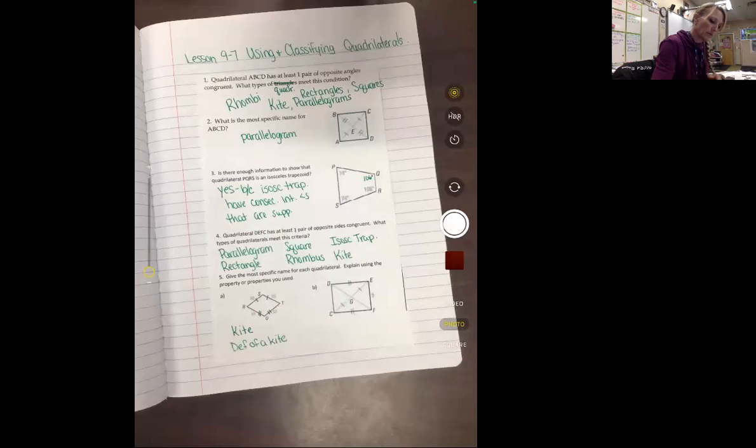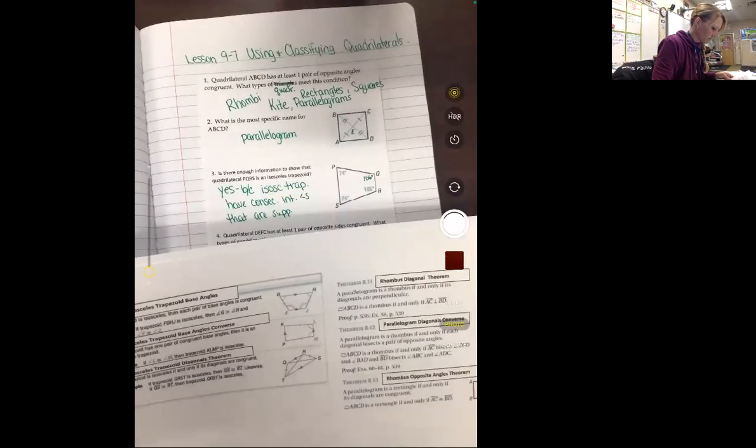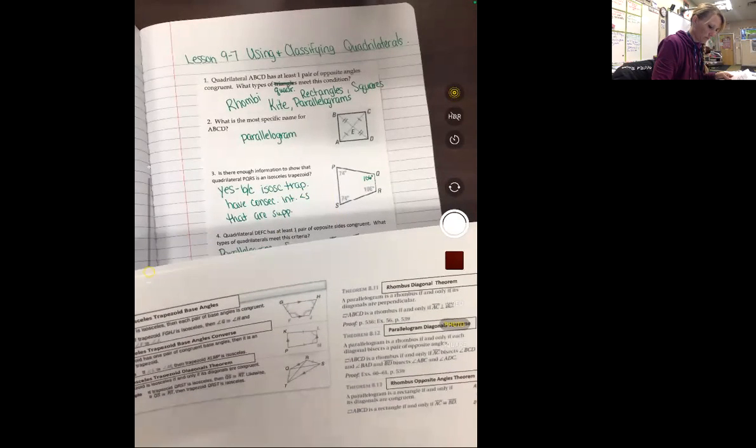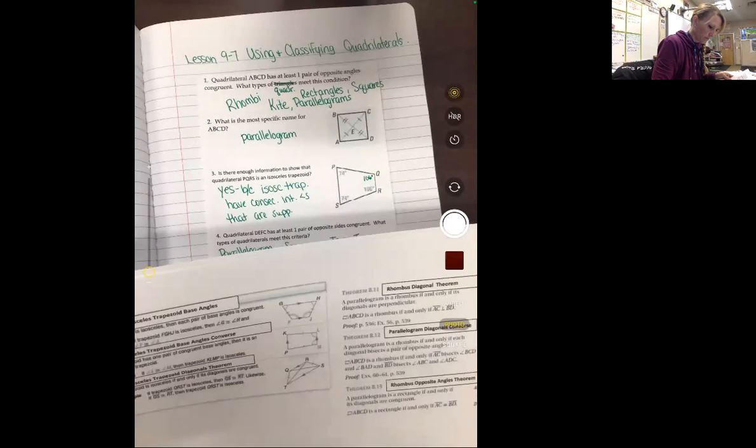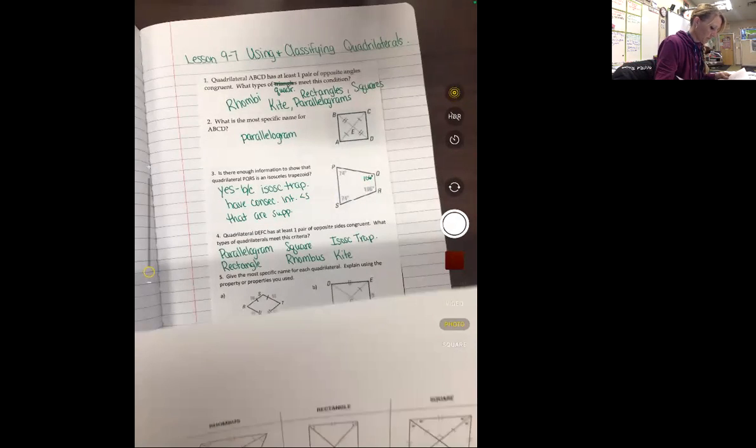So if we go back through theorems, I think that only gives us a parallelogram.